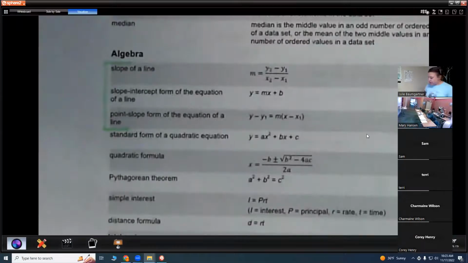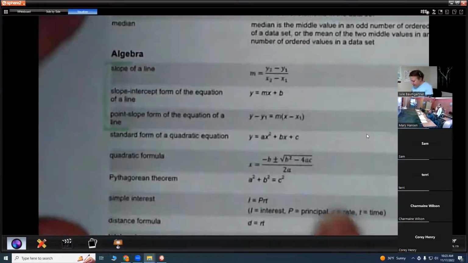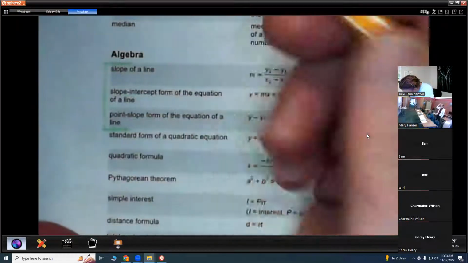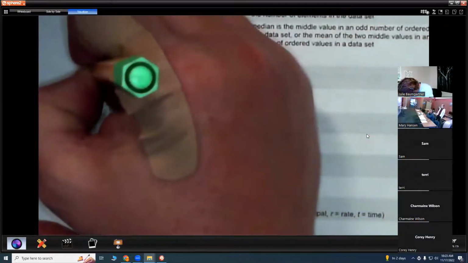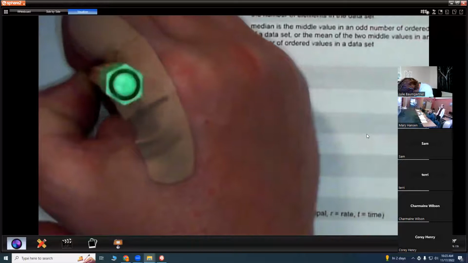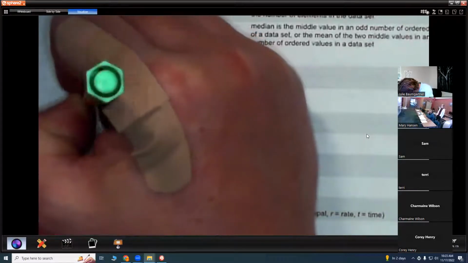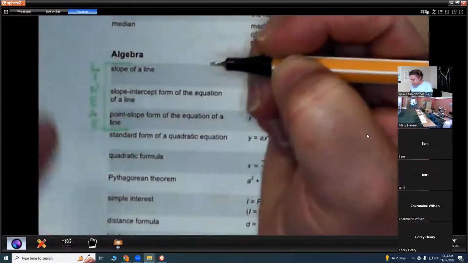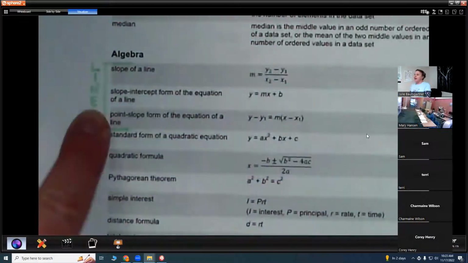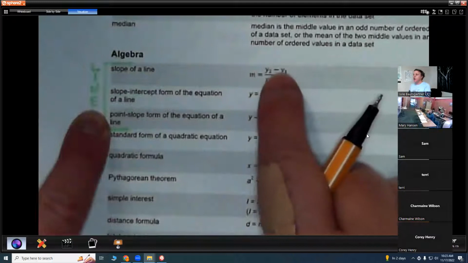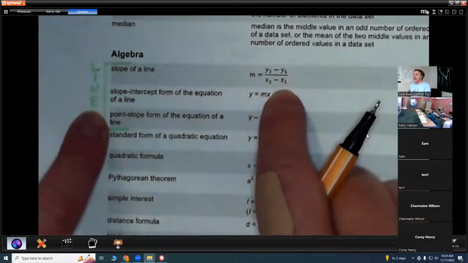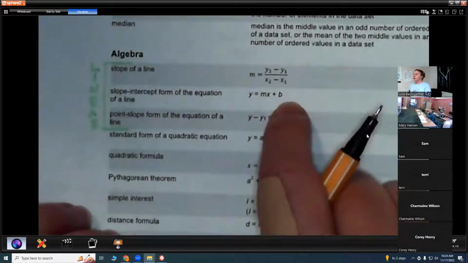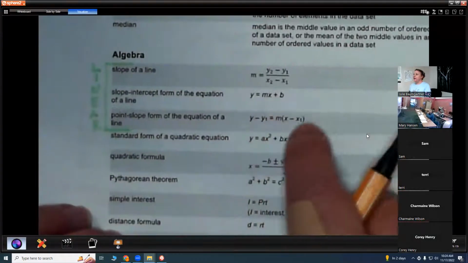All right. So we're going to focus in on these here, and these are our algebraic formulas associated with linear algebra, right? Anything that has to do with a line, you're always going to see y and x.